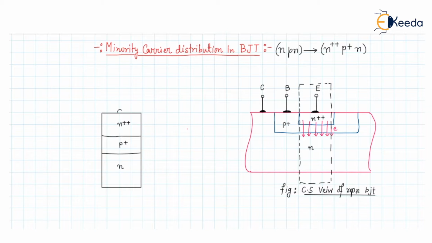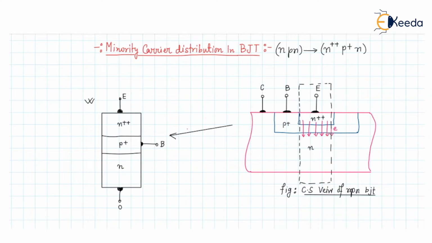Here we have our emitter terminal, here our collector terminal, and at the P plus we will have our base terminal. So this is the simplified structure that we can get, and we will use it for the analysis.